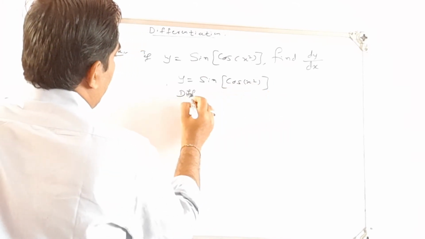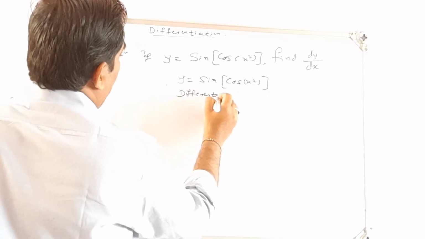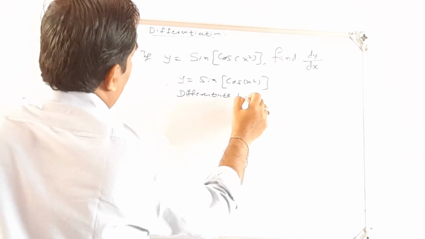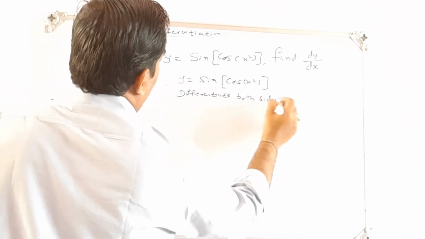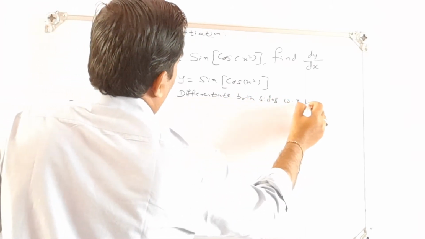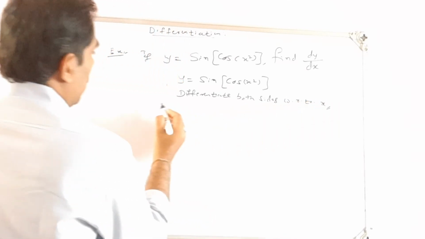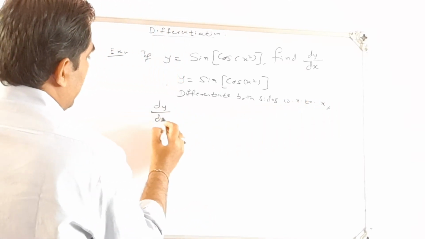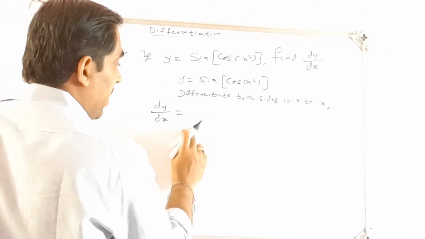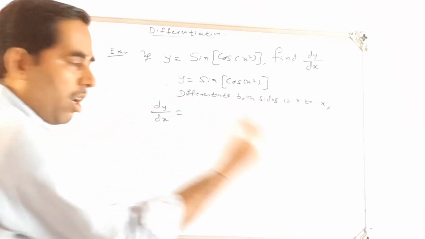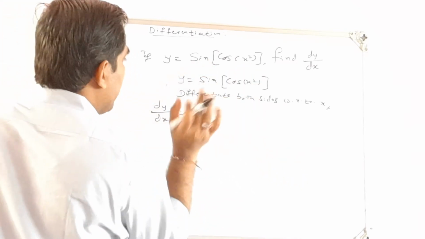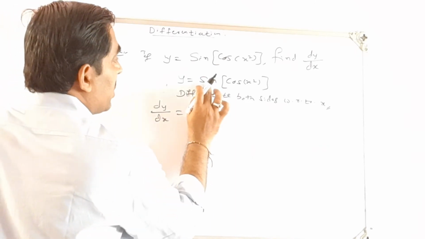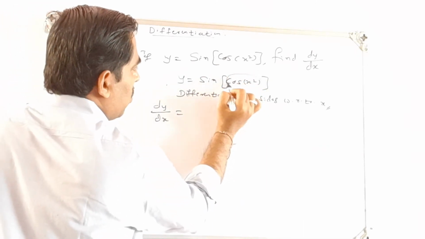Then you differentiate both sides with respect to x. What do we get on the left hand side? dy by dx. So apply d by dx to the whole thing on the right hand side. Observe this: sine of this, you think this whole thing is x.